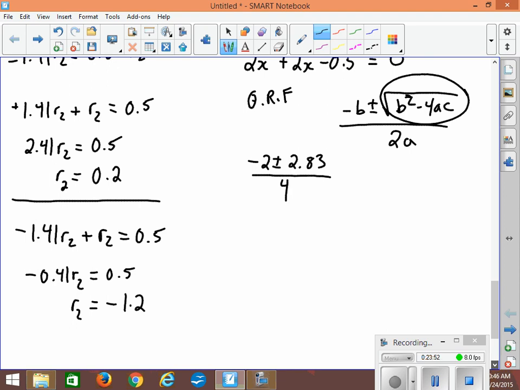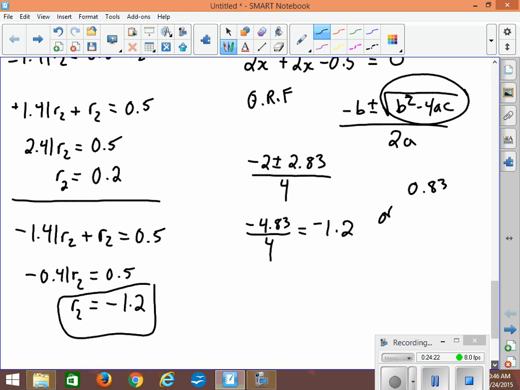And when you work this thing out, you get two answers. 4, negative 4.83 over 4, correct? Which is, if we do 4.83 divided by 4, it gives us about 1.2 negative, which matches the answer we got down here. Or the other option is negative 2 plus 2, so it would be what, 0.83, right?